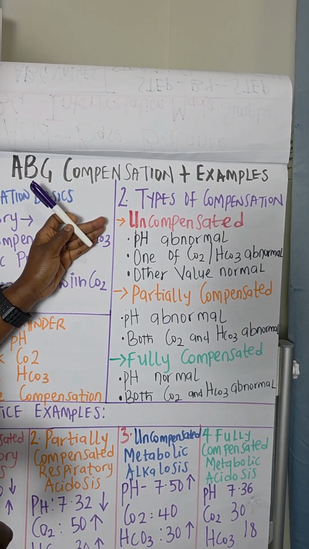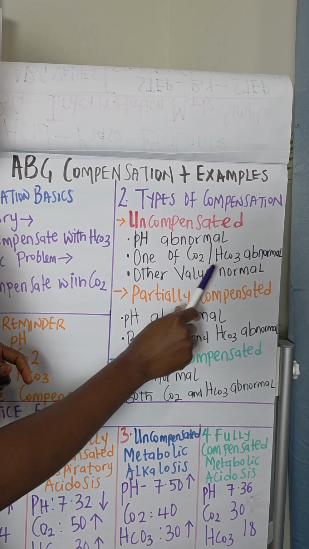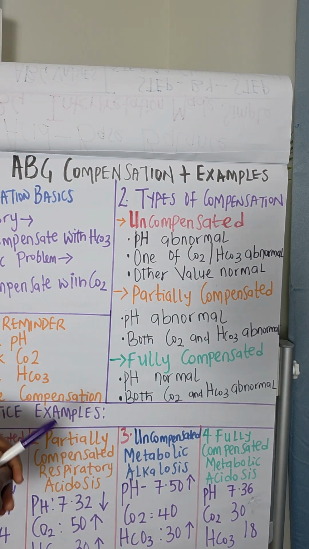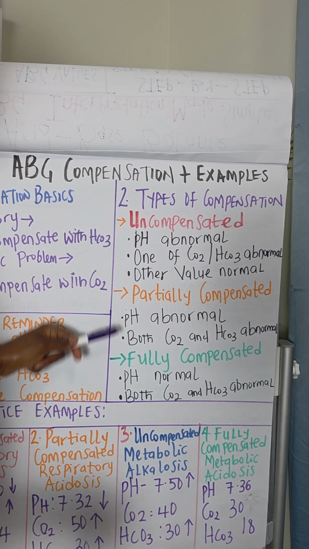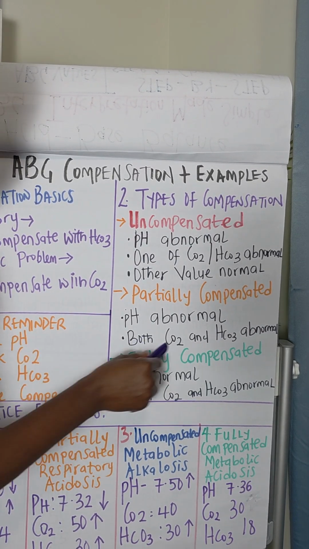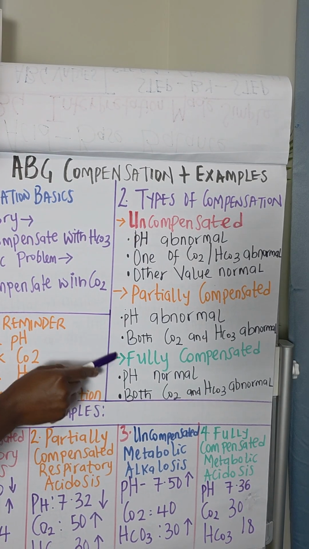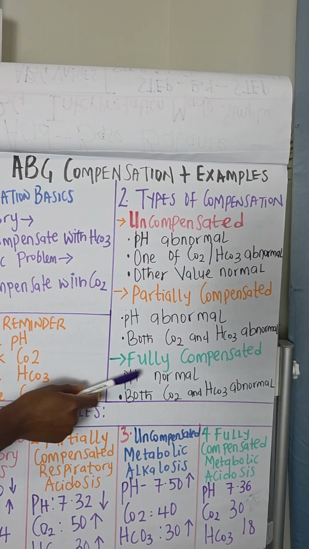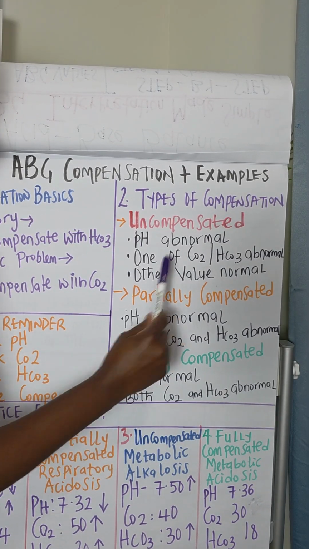For partially compensated, the pH will be abnormal and both the CO2 and the bicarbonate will be abnormal. For fully compensated, the pH is normal, but both the CO2 and the bicarbonate are abnormal.